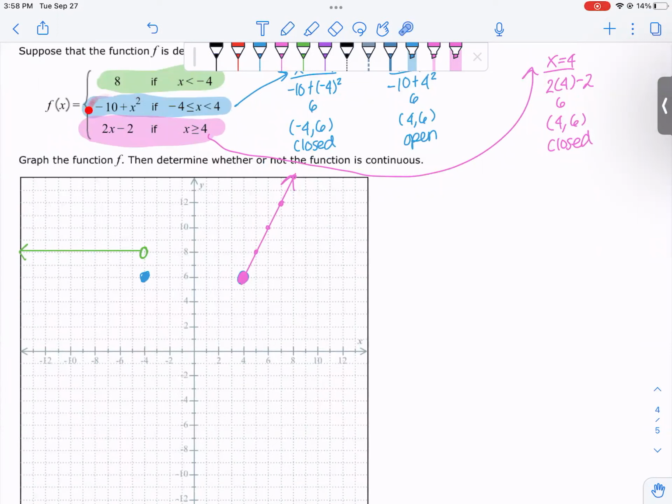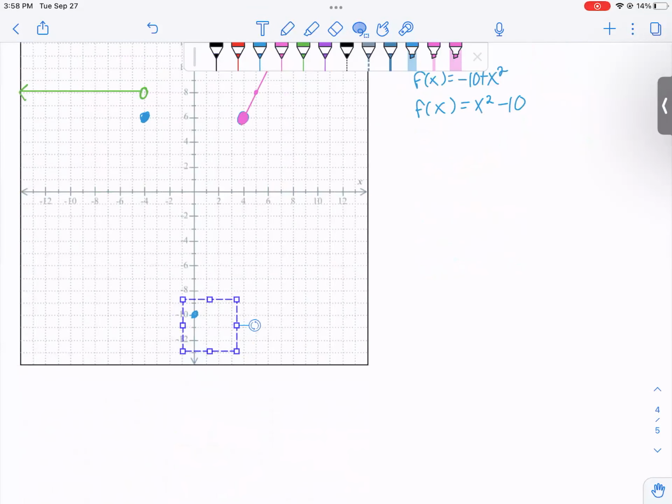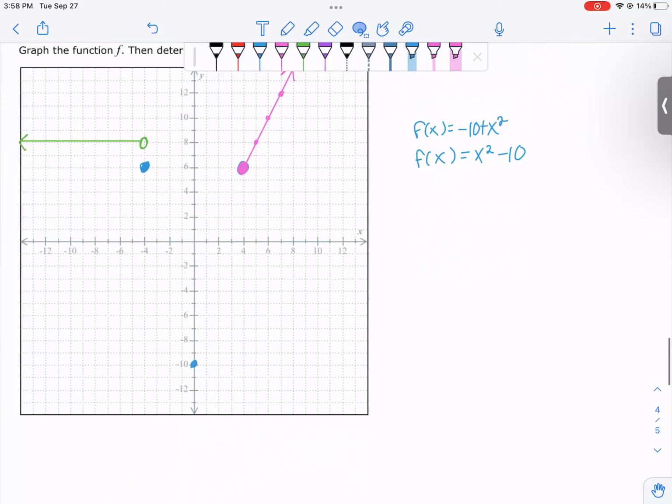Now let's talk about this guy, -10 plus x squared, because that's a parabola. This could be rewritten as x squared minus 10, and we just talked about transformations. This is x squared shifted down 10 units. Normally x squared would have its vertex at 0, 0, but because it's been shifted down 10 units, its vertex is right here.